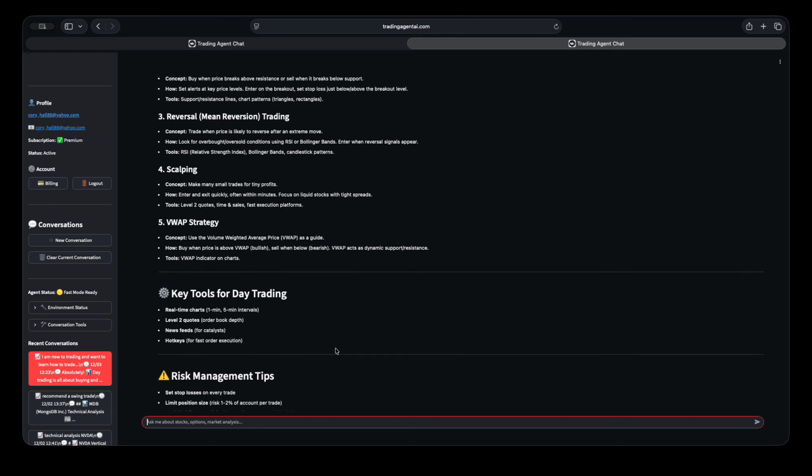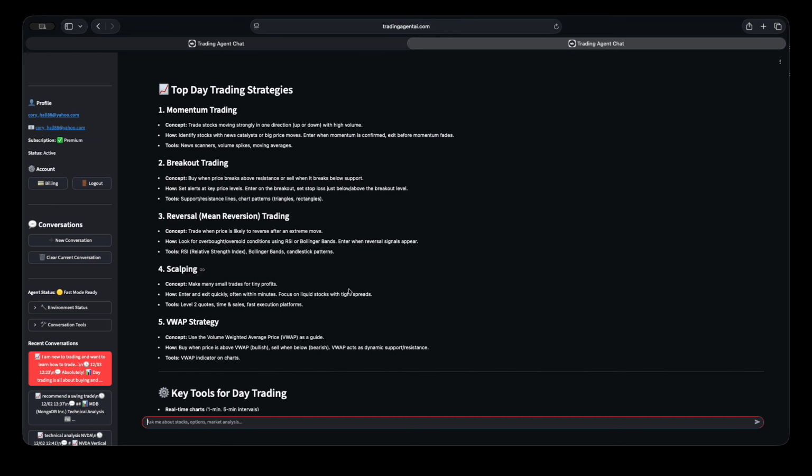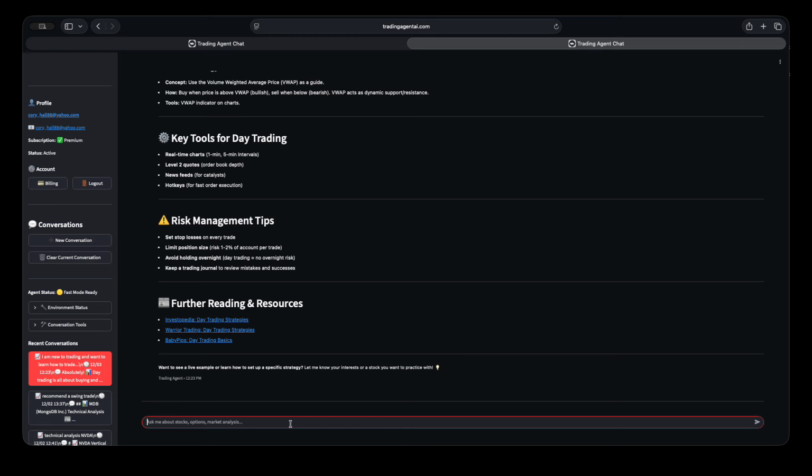So let's look at one of these strategies. Let's look at breakout trading. Example of breakout.